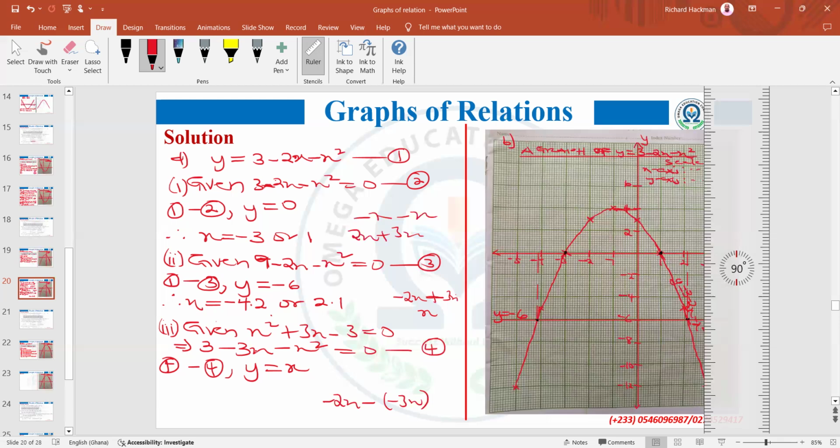So if I give you -1 minus -1, what would that give you? Minus minus will give you what? Positive. So it will be -1 plus 1, which will give you zero.